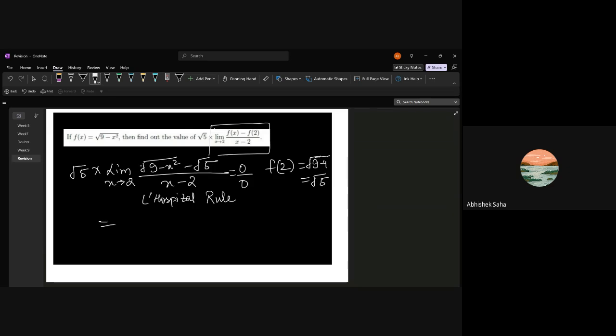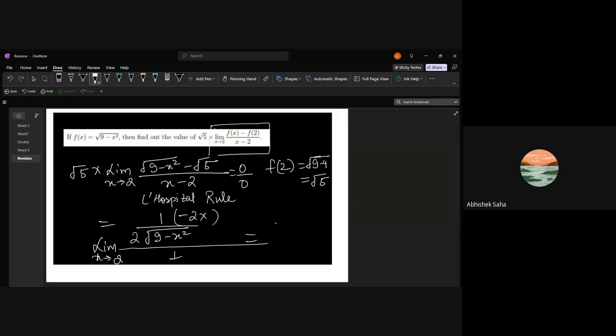So you know how to differentiate the root under function. 1 upon 2 root under 9 minus x square. What is the differentiation of 9 minus x square? Minus 2x, right? I have differentiated this, with limit x tends to 2.